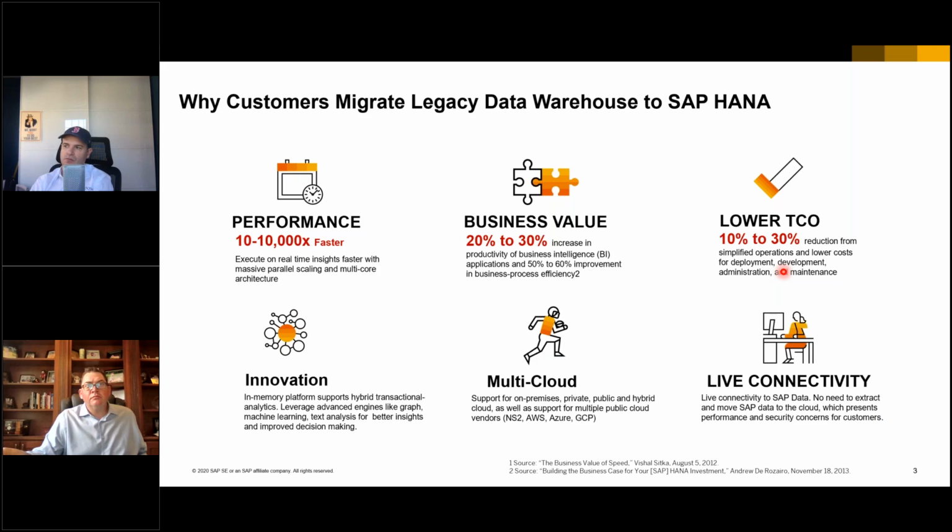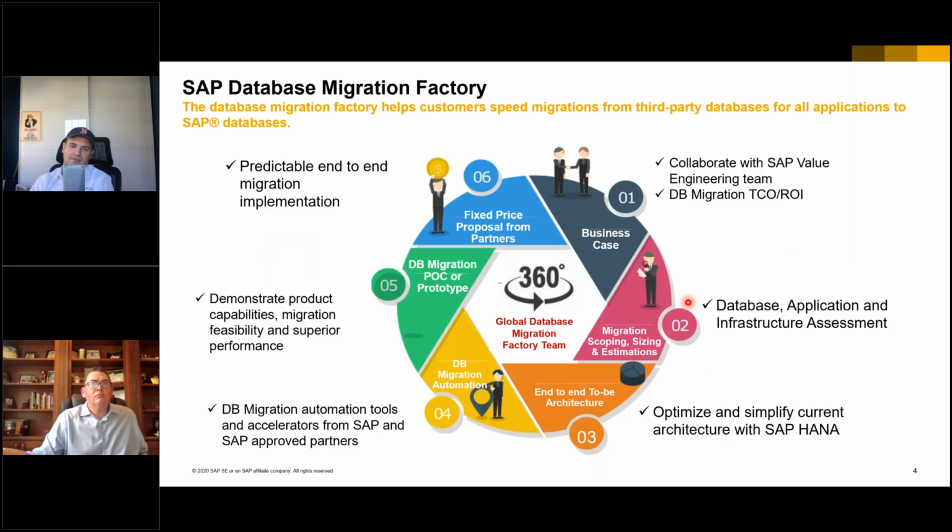We can optimize that with the multi-tenant capability of HANA 2.0 features. Then we can optimize our landscape, and that is directly affecting our TCO. So I just wanted to bring those two elements in addition to what David just mentioned, and why the majority of our customers are moving to HANA.